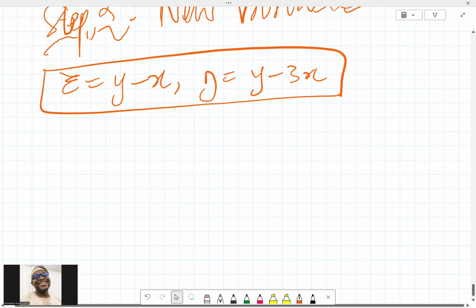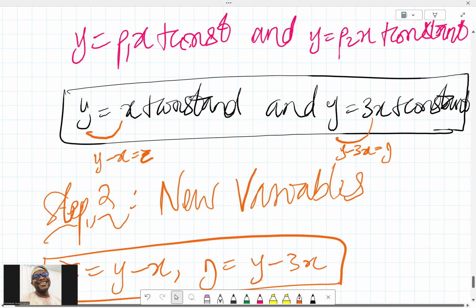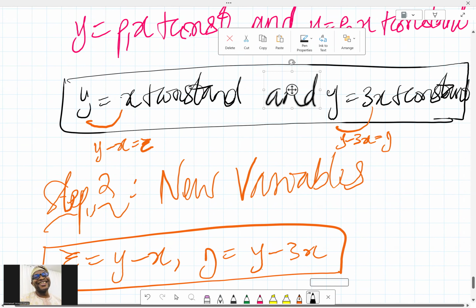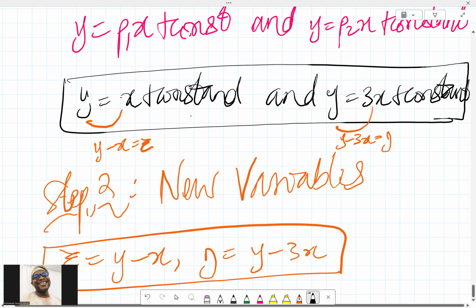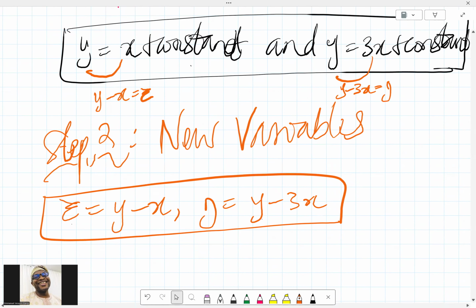So from here now, we have all of this, y minus all this. It means that psi here is taking the place of this constant, and we also have eta taking the place of that constant.